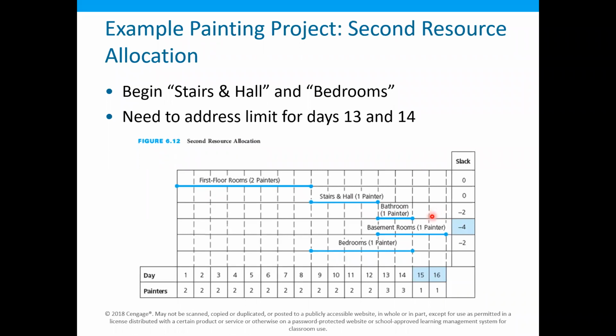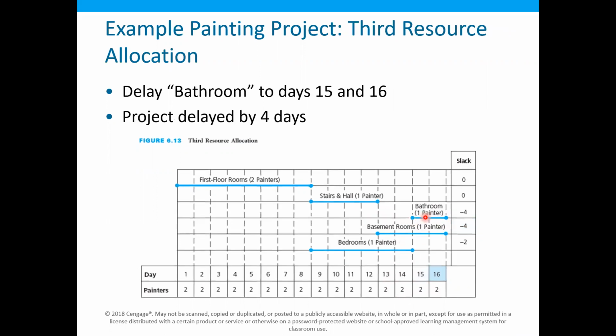So in this case, one painter over-allocation will be removed from here, and then this 3 will become 2, and there will be 2 and 2 over here. So as a last revision, this bathroom activity will be changed from starting at day 13 to start at day 15.